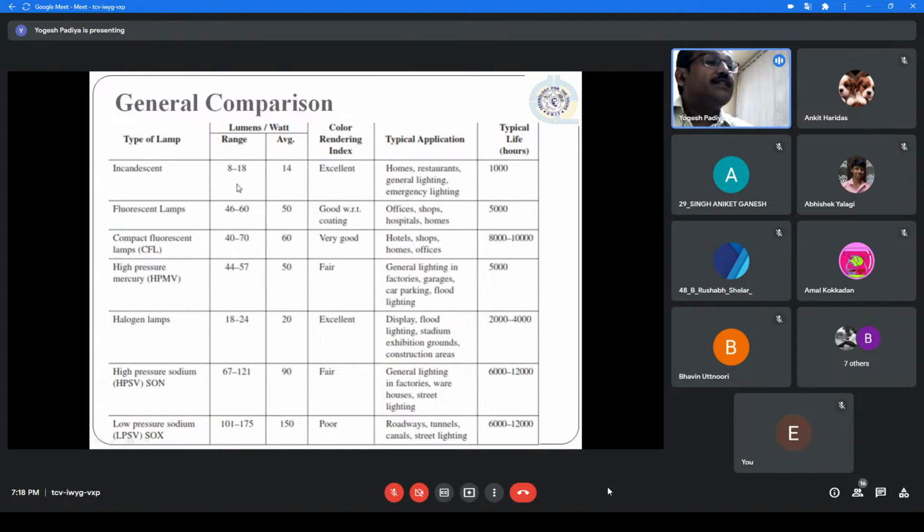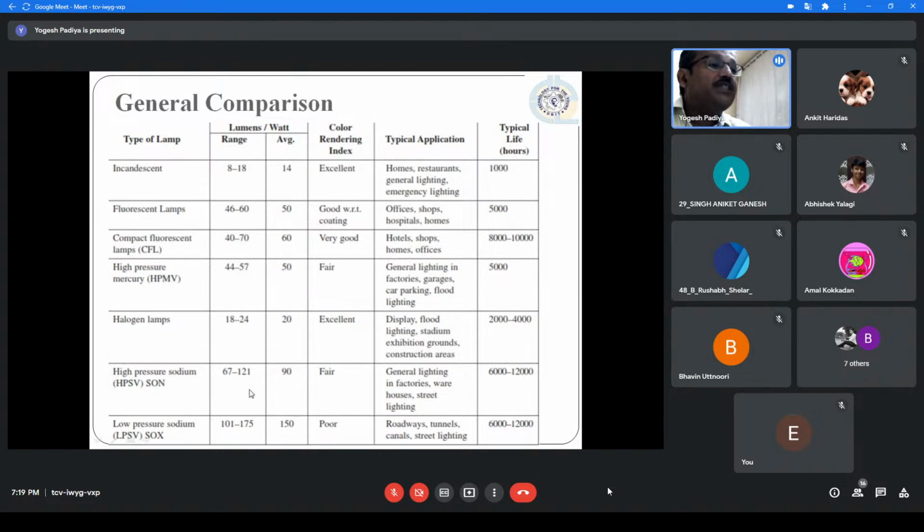Now, just giving you a glimpse of how many lumens are produced per watt: the incandescent bulb, which was used for quite a long time, produces just 8 to 18 lumens per watt, while this number is pretty high in the case of fluorescent lamps. In the case of CFL, it is still almost in the same range.